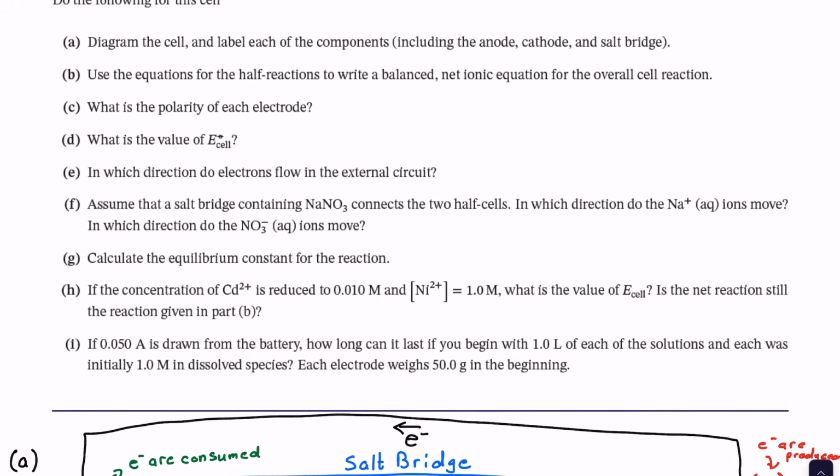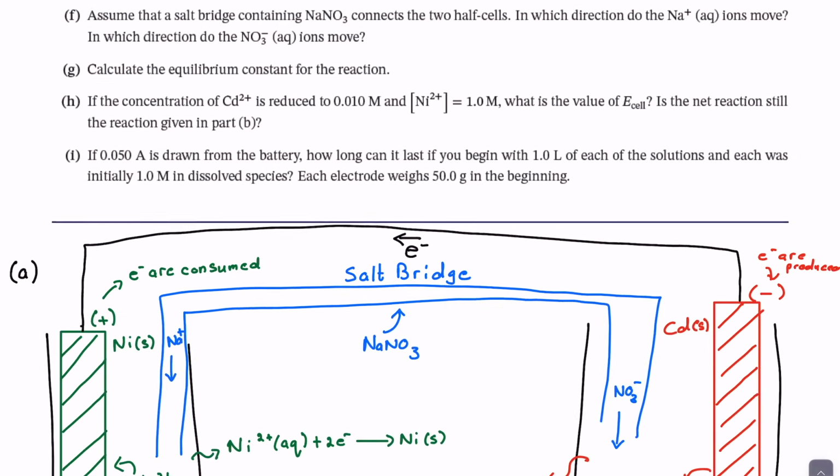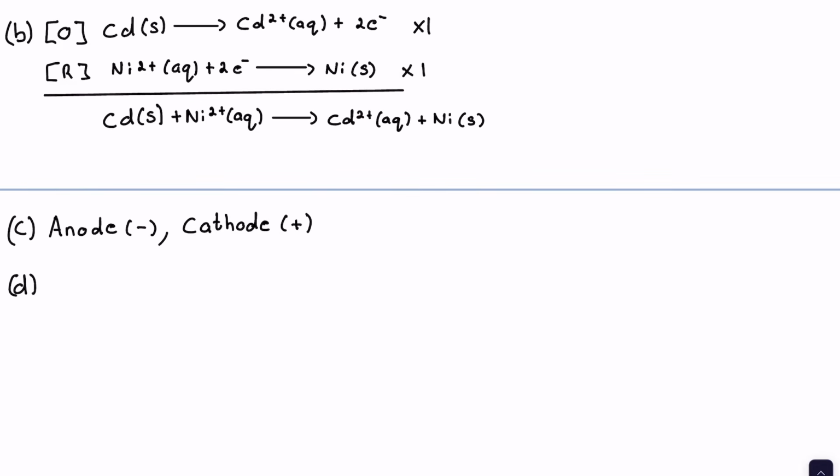Moving on to D, it asks, what is the value of the standard cell potential? All right, so to calculate E naught cell, we must use the cell potential of the cathode minus that of the anode.